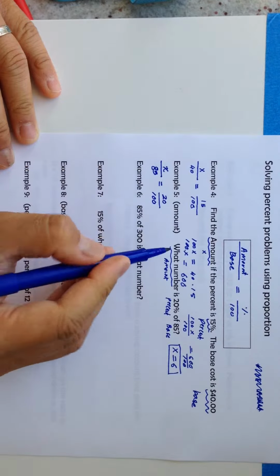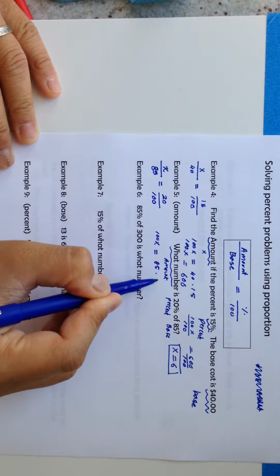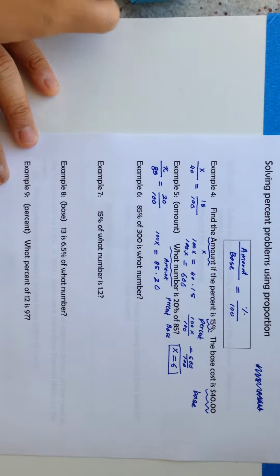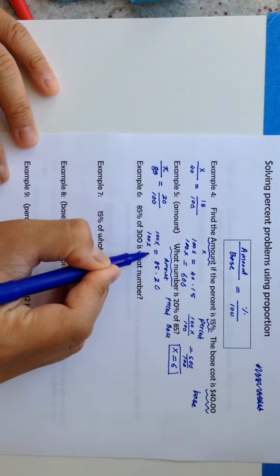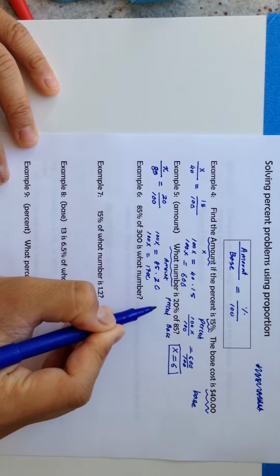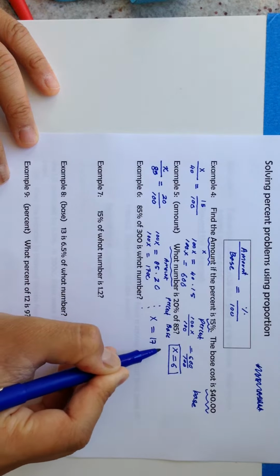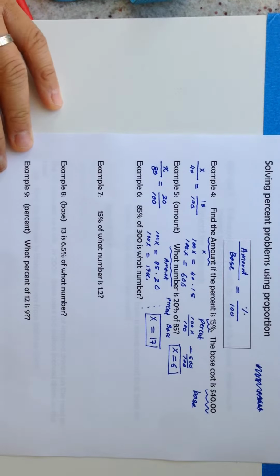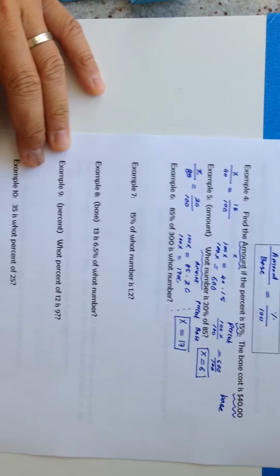Cross multiply: 100x equals 85 times 20, which comes out to be 1700. Then we divide both sides by 100, and that comes out to be 17. So I will be saving $17 if I got 20% off of $85.